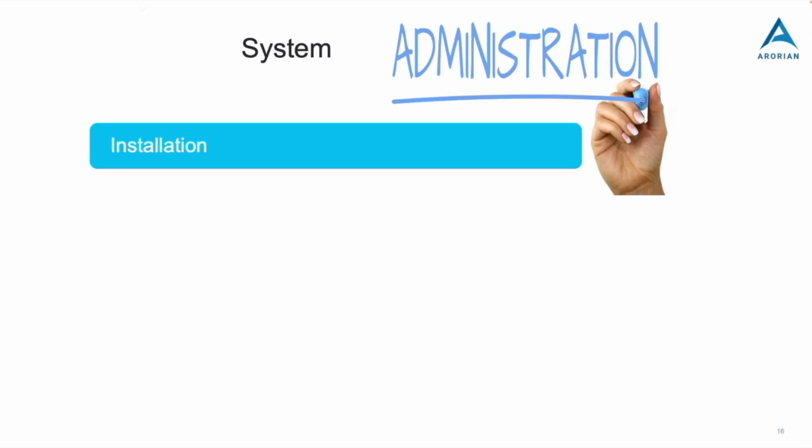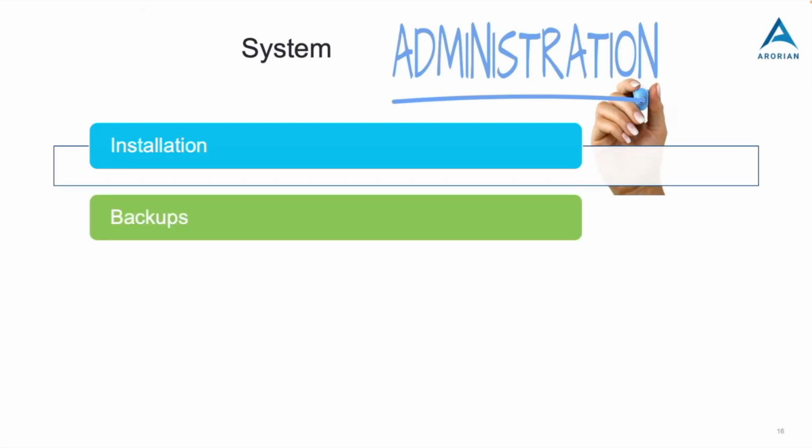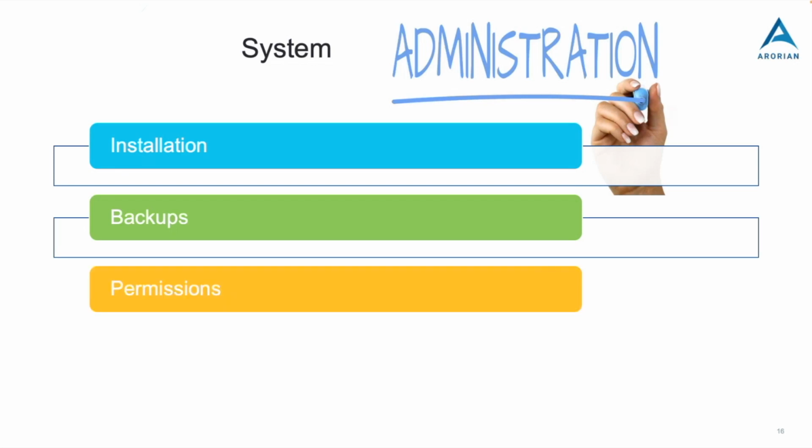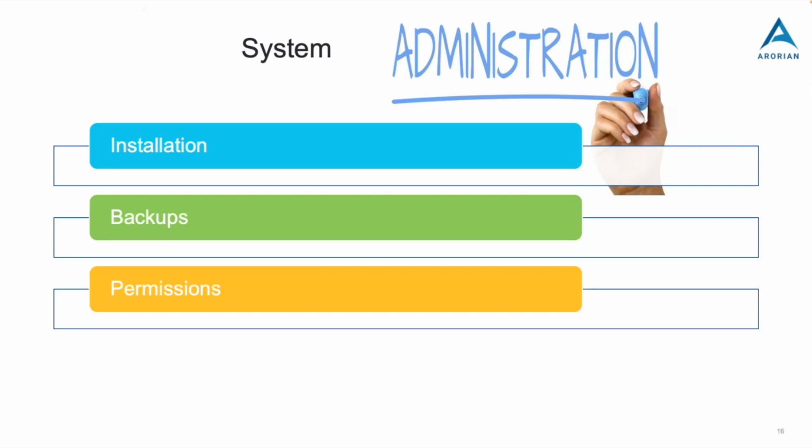The system administration includes the installation of the application. The company needs to have someone who's able to do backups because, again, safety critical. So you must have a backup of the database. You need to be able to go back to it in case of an emergency. Then the configuration of permissions and creation of user groups. Oftentimes you have single sign-on to make life easier.